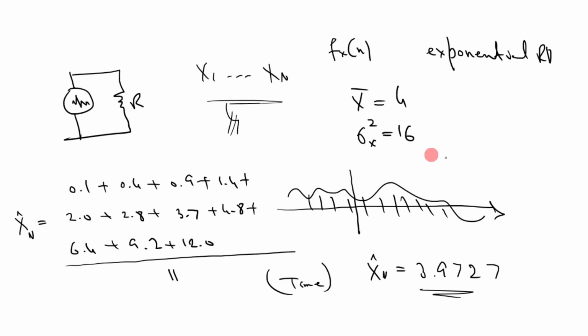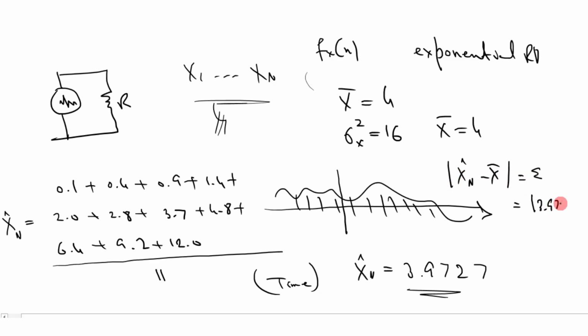Now if you observe that this x bar is equal to 4, so the error between the time average and the statistical average is equal to 3.9727 minus 4.0. This error is equal to 0.0273.